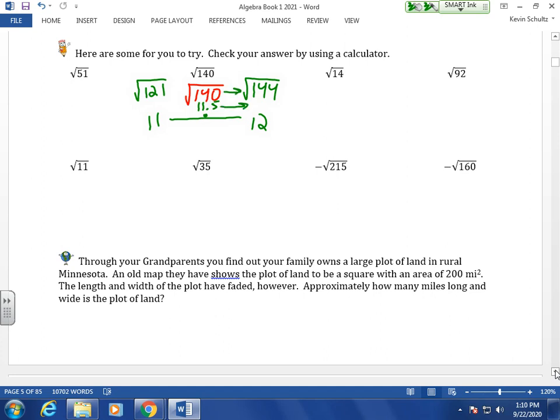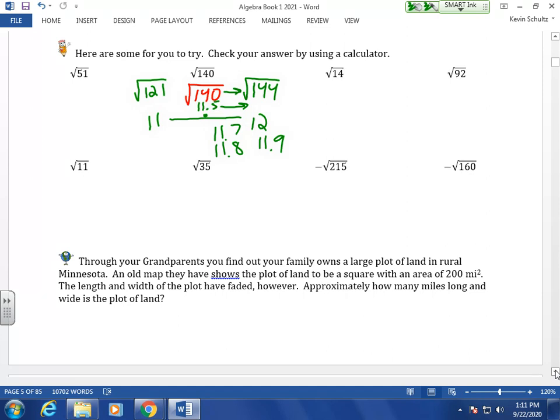So its value is going to be closer to 12. I promise you not all answers will be like 0.8, 0.9, but that's what we get again here: 11.7, 11.8, perhaps 11.9. Either one would be acceptable, because again, this is an estimation, right?